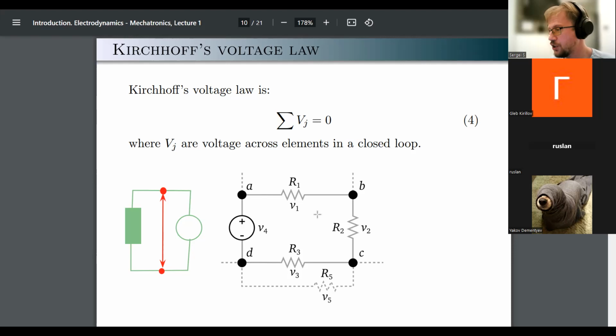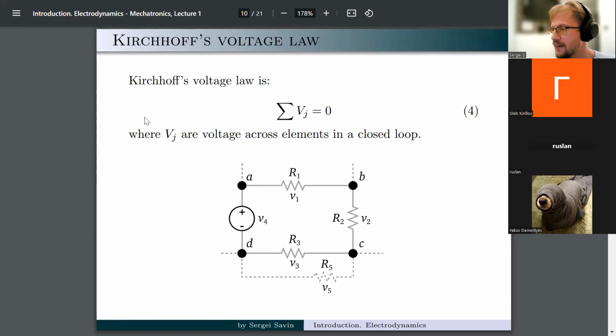Yeah, but you can also just memorize it. The first was the sum of all currents, the second is the sum of all voltages. And I think it's not very difficult to keep in mind. Right, that is two Kirchhoff laws. That is enough to do all that we have to do with circuits.